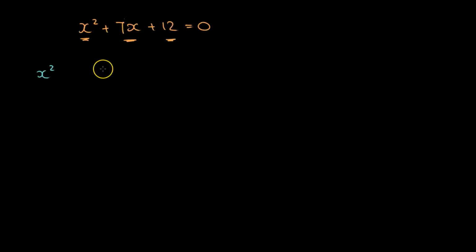And most likely that will be my first term. So if I had brackets drawn out, let me do these in a different colour. If I have brackets drawn out like that, set equal to 0, then I know that this x squared term has got to come from x in the first bracket and x in the second bracket.